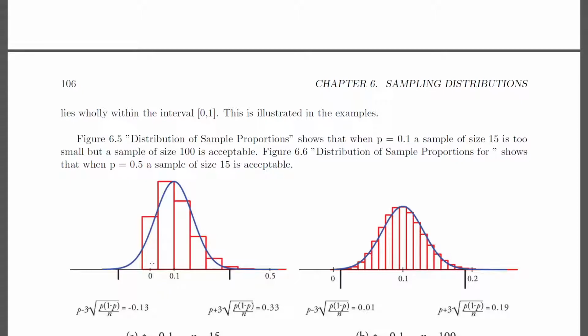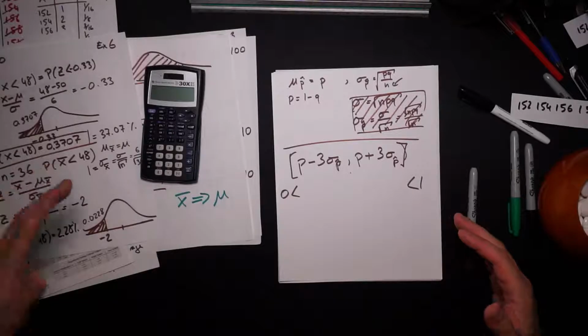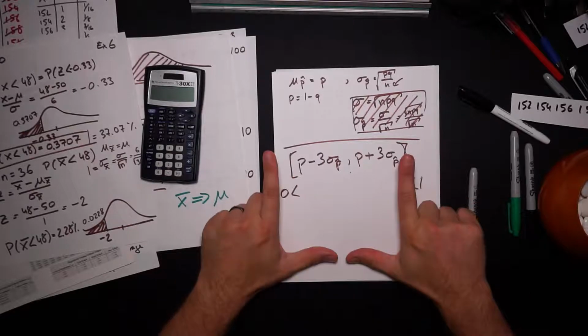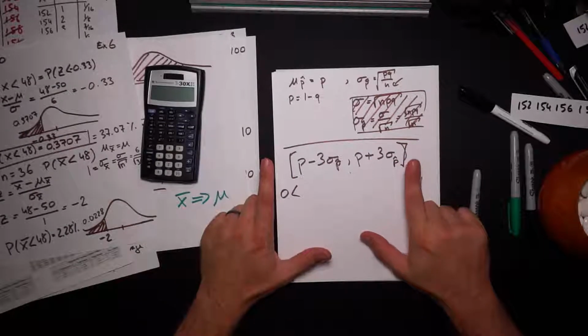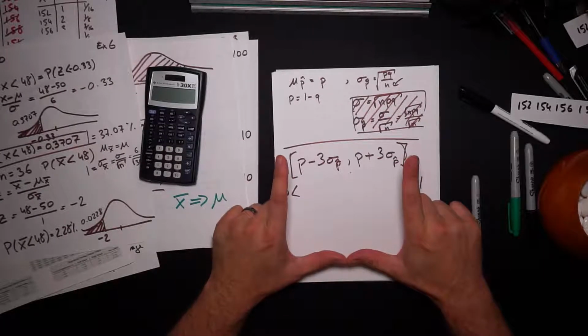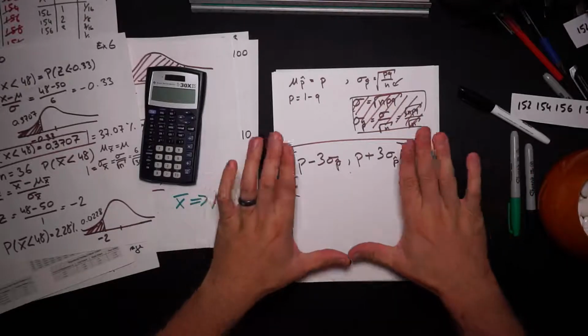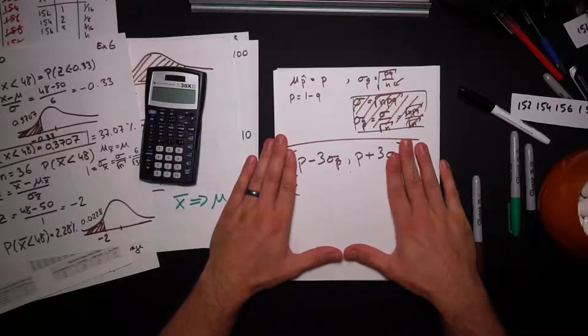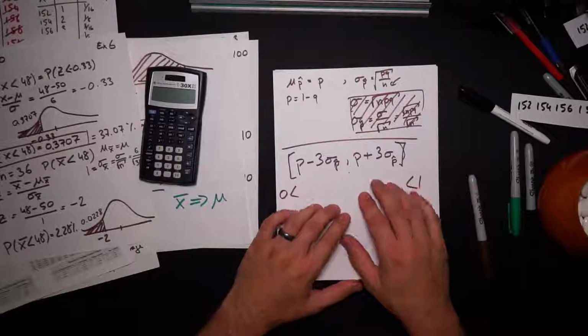So this is just very wide. But if we take a large sample, we have a lot more distinction, and all of it gets squeezed in. And because it gets squeezed in, the three standard deviations away, which is the 99.7% of the data, ends up being relatively close to the middle. And so this is how you check.